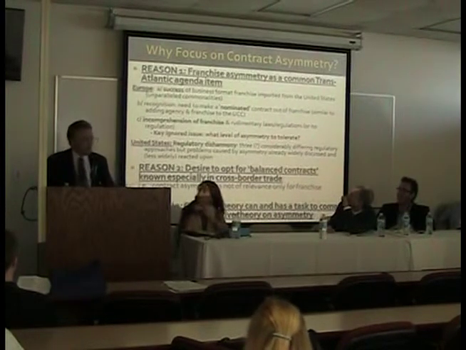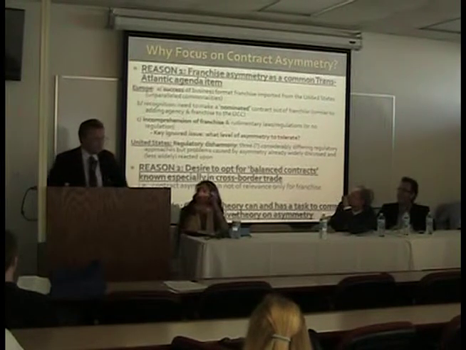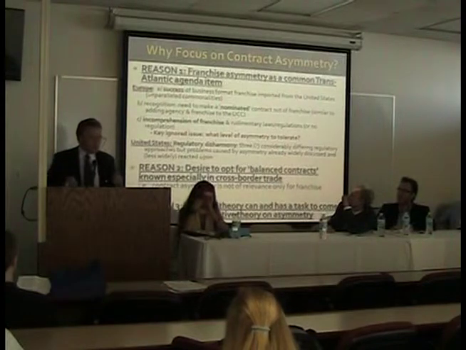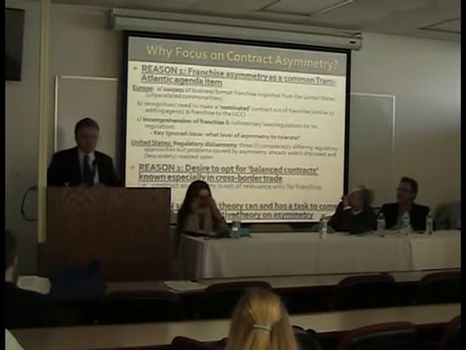And now, with some delay, business format franchise has become one of the most successful imported business models and contracts from the United States. So this is what links the whole story.